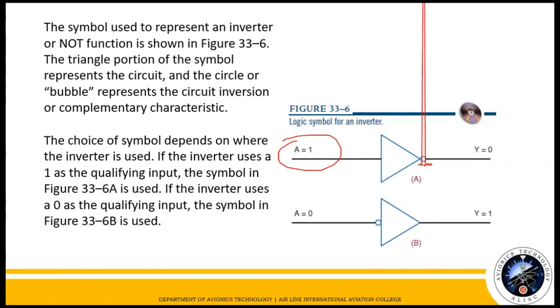So, siya ay isang 1 na. And then, pag ganito yung bubble niya or yung circle, it indicates 0. So, kahit wala siyang value, ma-indicate mo na yung input niya ay 1 or 0. Pero ang kalalabasan niya, example niya, input niya ay 1, ang output niya ay 0.